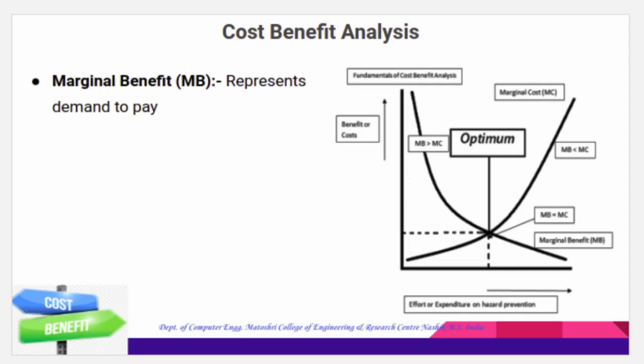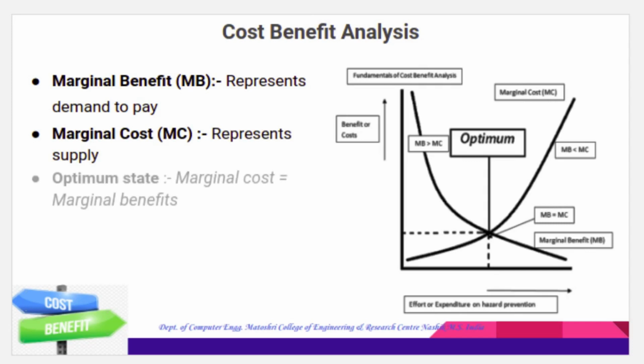The marginal benefit of growing investment for a given alteration represents demand or readiness to pay. This decreases with increasing effort expenditure on hazard prevention. Marginal cost represents supply. The optimum state is there when marginal cost and marginal benefit are equal.